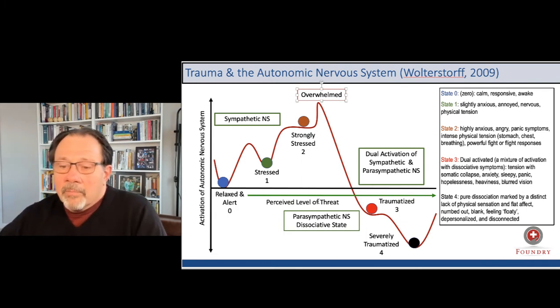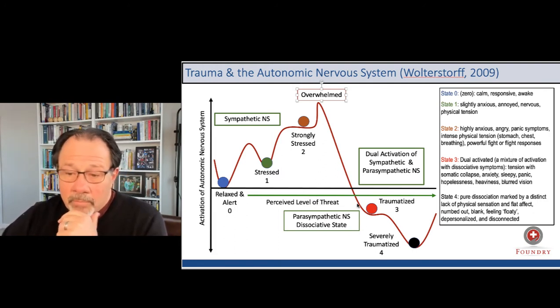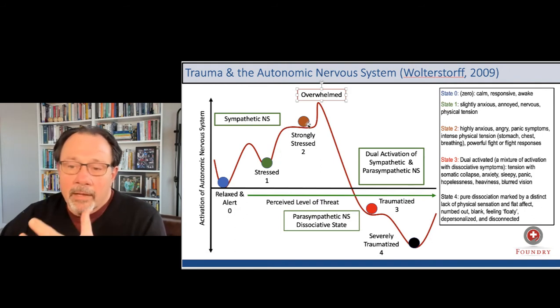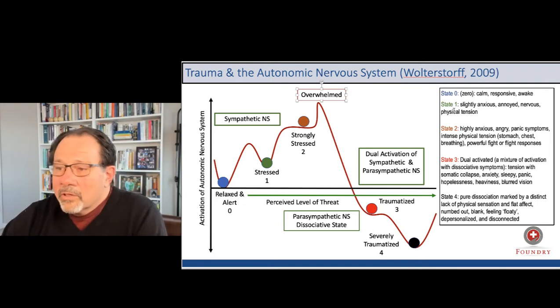And so threat can be a variety of things, and we'll talk about that a great deal more. If someone is trying to hurt me, then that threat has the potential to become a traumatic event. And so stressed, I already said, slightly anxious, annoyed, nervous.